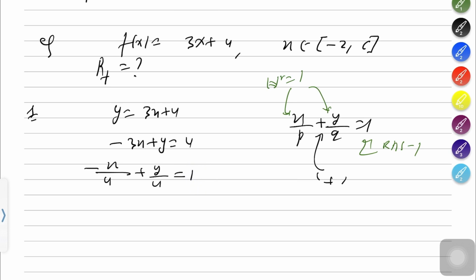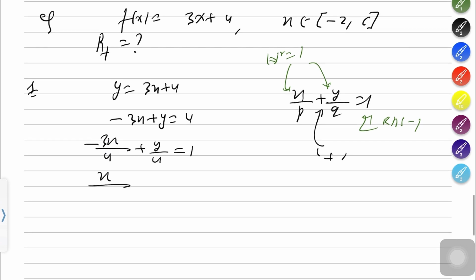So we are able to convert the right hand side to 1, but still the coefficient of y is 1 here, but the coefficient of x is minus 3 here. So what we'll do is: x upon minus 4 upon 3 plus y upon 4 is equal to 1. This is how we can draw a straight line.